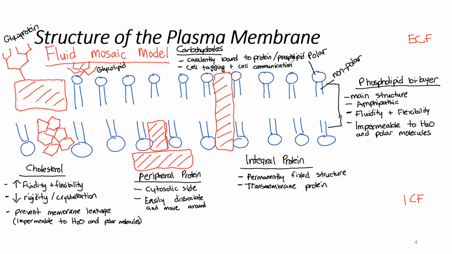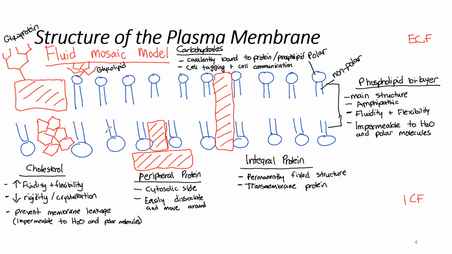So this is the structure of our cell membrane. These are the various types of proteins that we can have. We can have integral proteins, peripheral proteins, we've got cholesterol, we've got carbohydrates that are bound to either proteins or lipids, and then we've got the main star of the show, which are the amphipathic phospholipids.